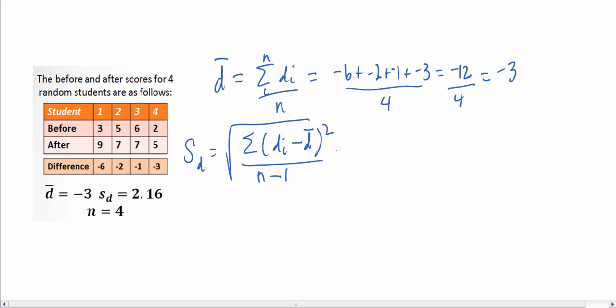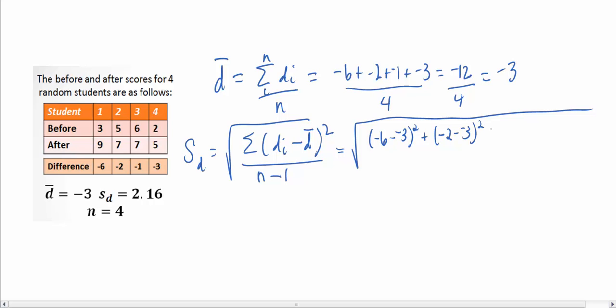So in this case, this is equal to the square root, we're going to just leave that there, of our first observation, which is -6, minus our mean of -3, squared, plus -2 minus -3, squared, plus -1 minus -3, squared, plus our last one, which is -3 minus -3, squared. All of this will be divided by n minus 1, which in this case is 3.